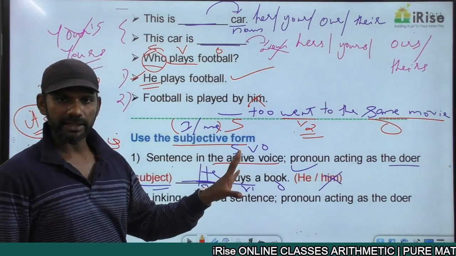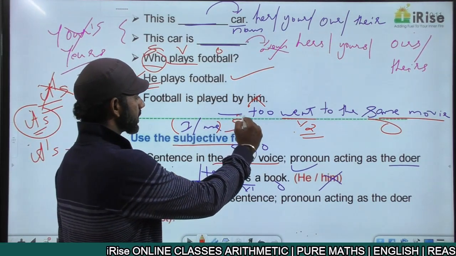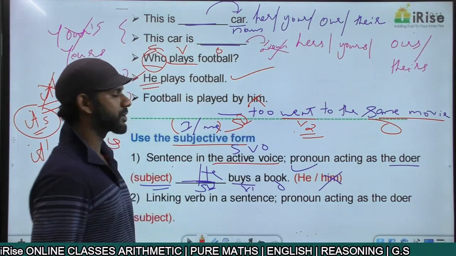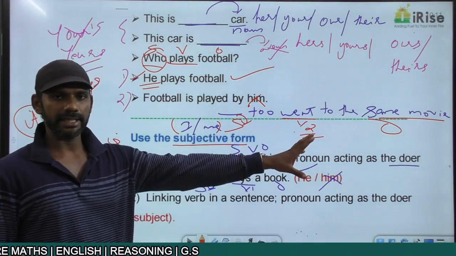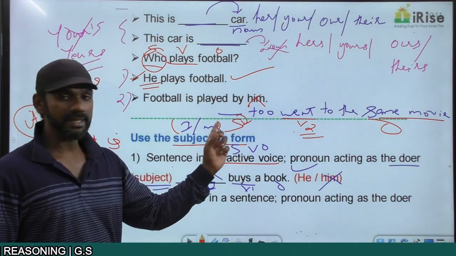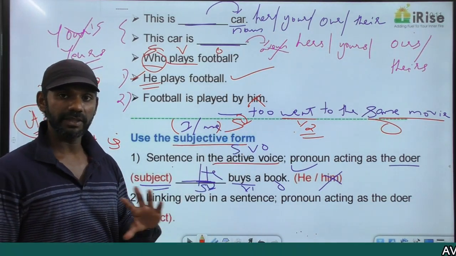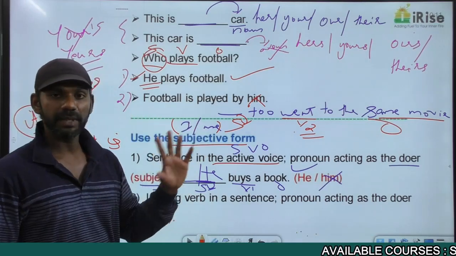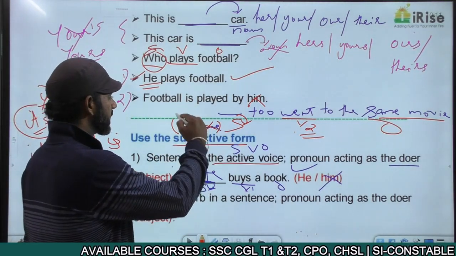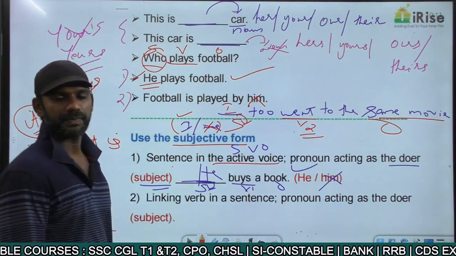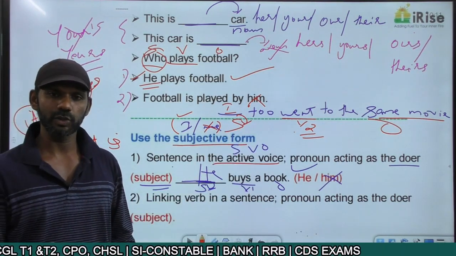The sentence is in the active voice, and in this statement, the pronoun is acting as a subject. Subject means a doer. The first rule: when a sentence is in the active voice, and when the pronoun acts as a doer, that pronoun must be in the subjective form. So this blank must be filled with a subjective pronoun. Me is objective, eliminated. The answer must be I too. Usually we say me too, but that's wrong usage.